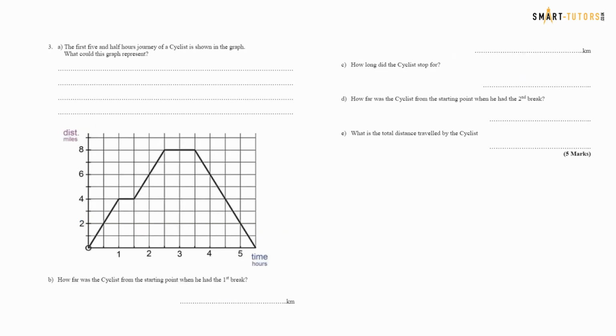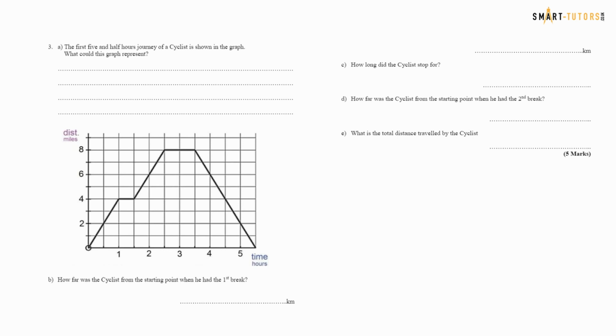Question number 3. The first 5.5 hours of a journey of a cyclist is shown in the graph. What could this graph represent? Distance versus time is given. If they ask this kind of question, what happened or what do you think about this graph, explain the graph's journey.